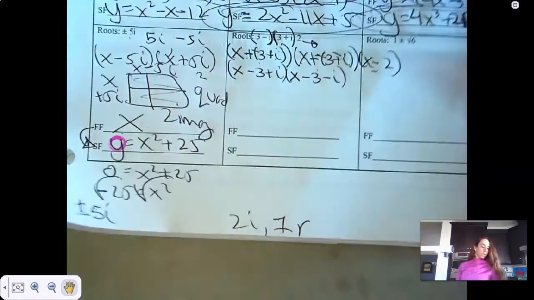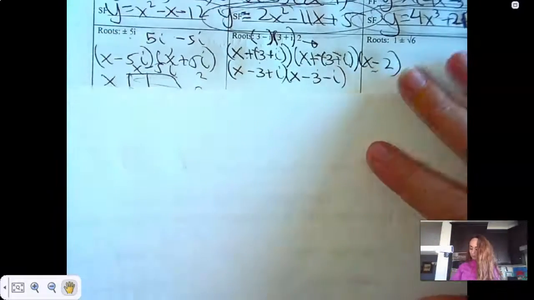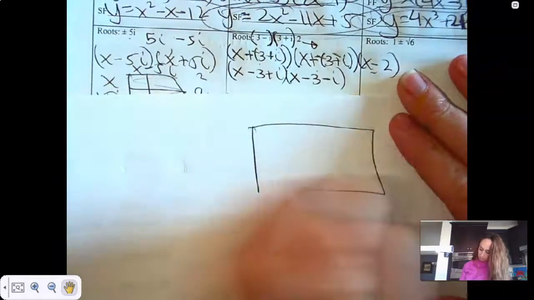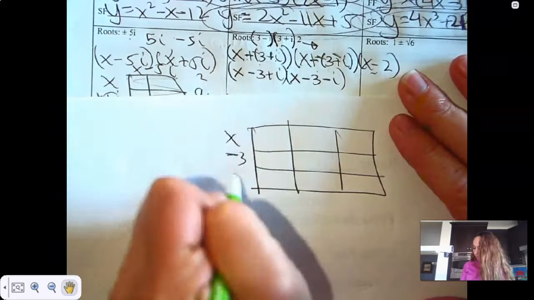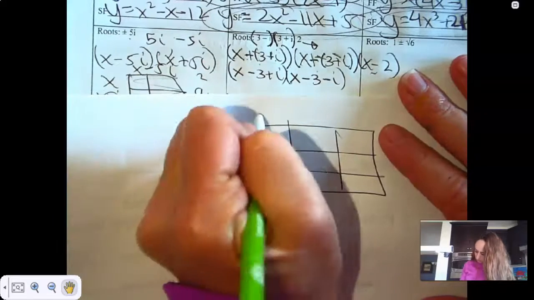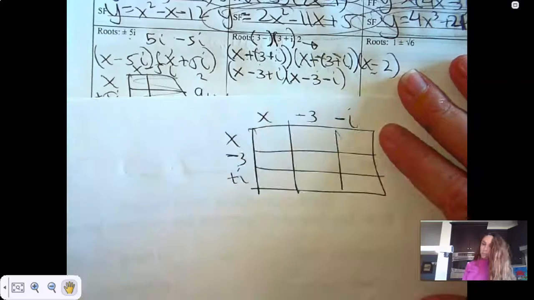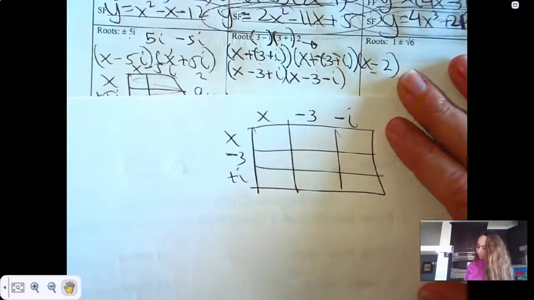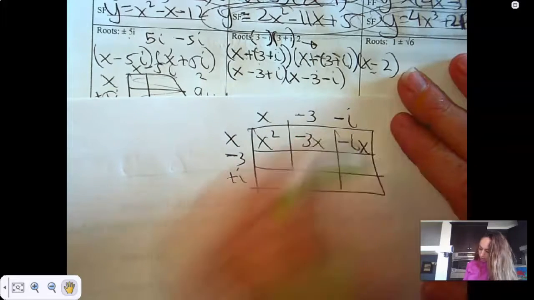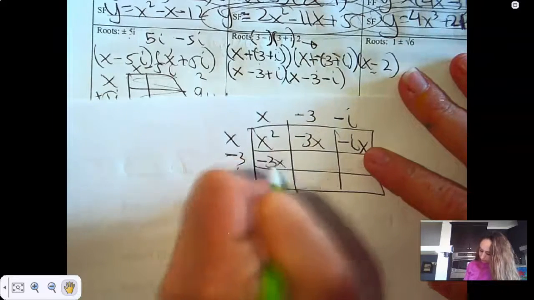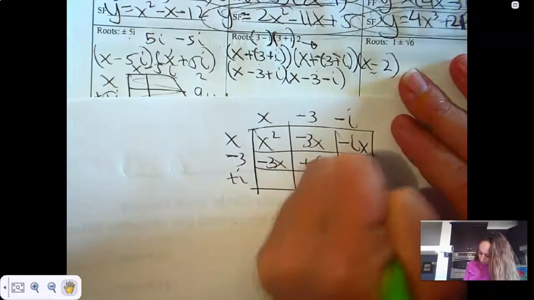So if I'm going to box this out, which I'd rather take up more space to let you see it. This is x minus 3 plus i. x minus 3 minus i. This looks like a good quiz question. x squared minus 3x minus ix minus 3x plus 9 plus 3i.